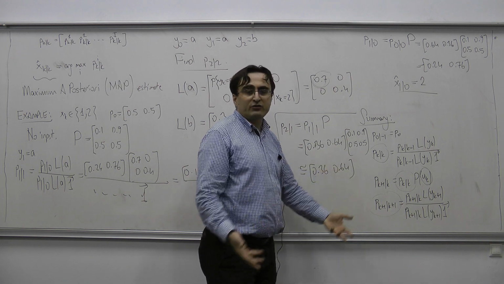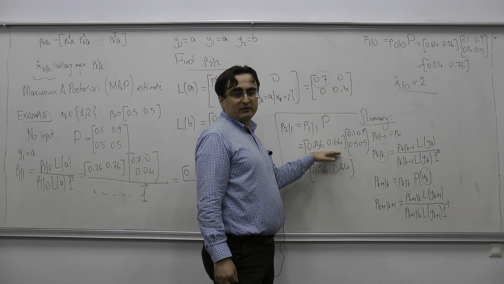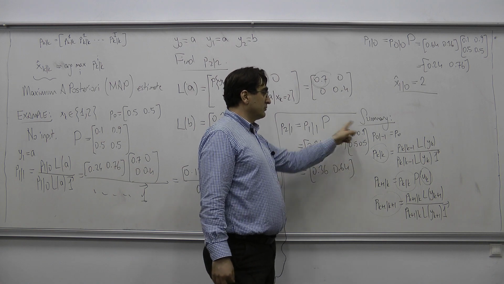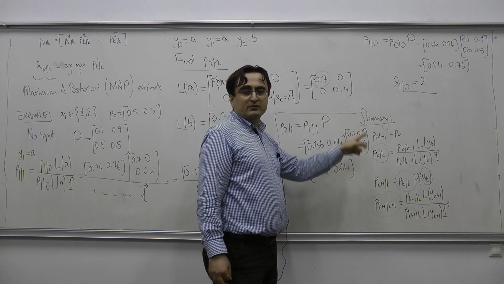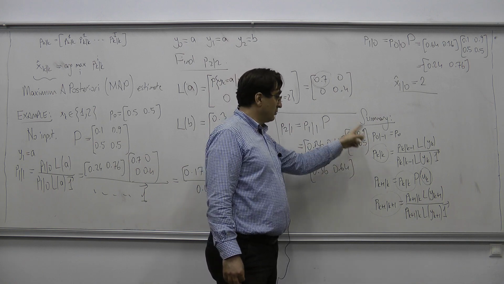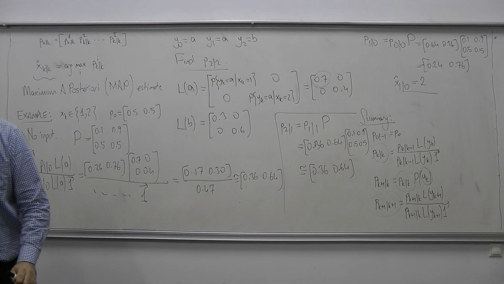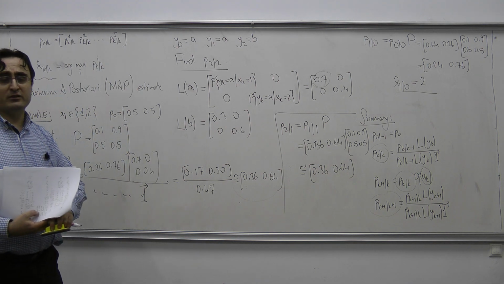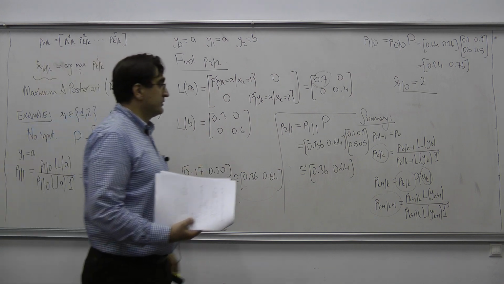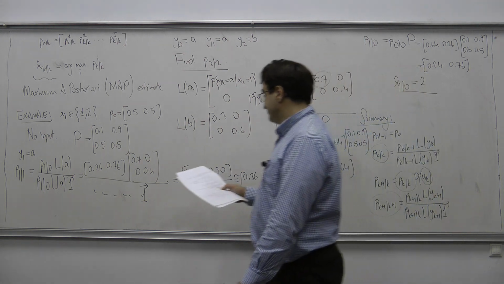So time propagation doesn't change anything if the state distribution is like this. This is because this vector is very close to the stationary vector or steady state distribution of this Markov chain or of this TPM. Okay? And in this case, we see no change. The prediction did not cause any increase in the uncertainty. The uncertainty remained almost exactly the same.